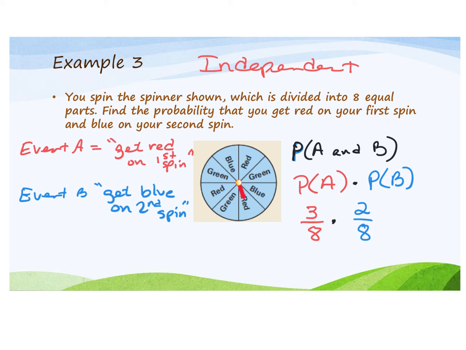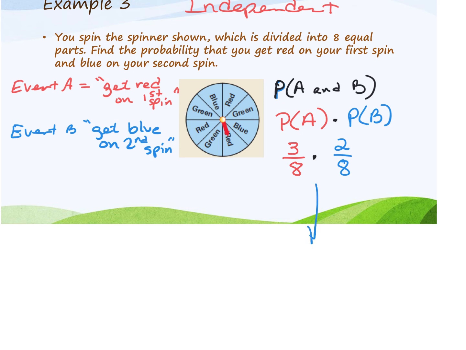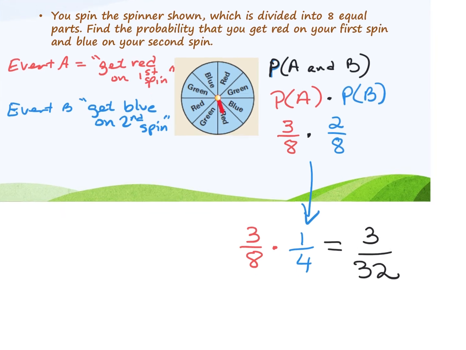Now I multiply these two results. I'm going to write it as a simplified fraction, a decimal, and a percent. I'm going to simplify before I multiply here. I'm going to change the 2/8 to 1/4. The 3/8 I can't simplify. And then I'm going to multiply what's left. So the probability written as a fraction is 3/32.